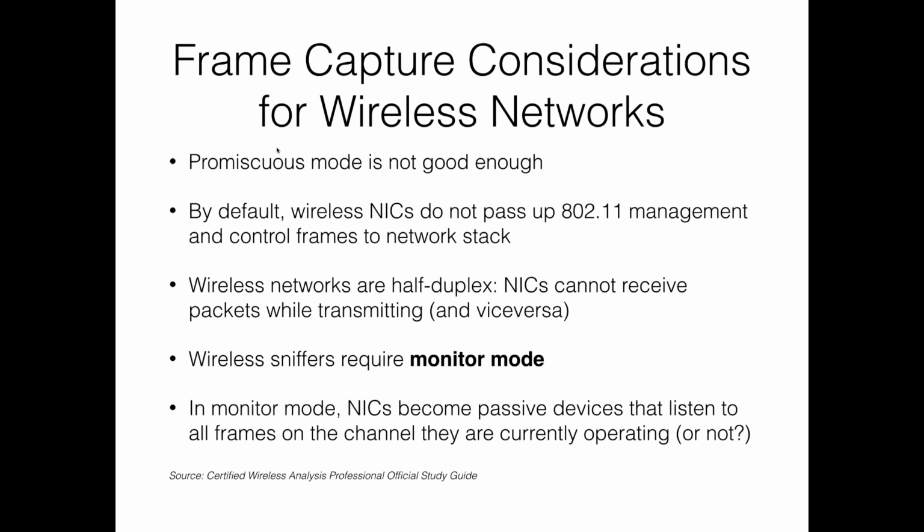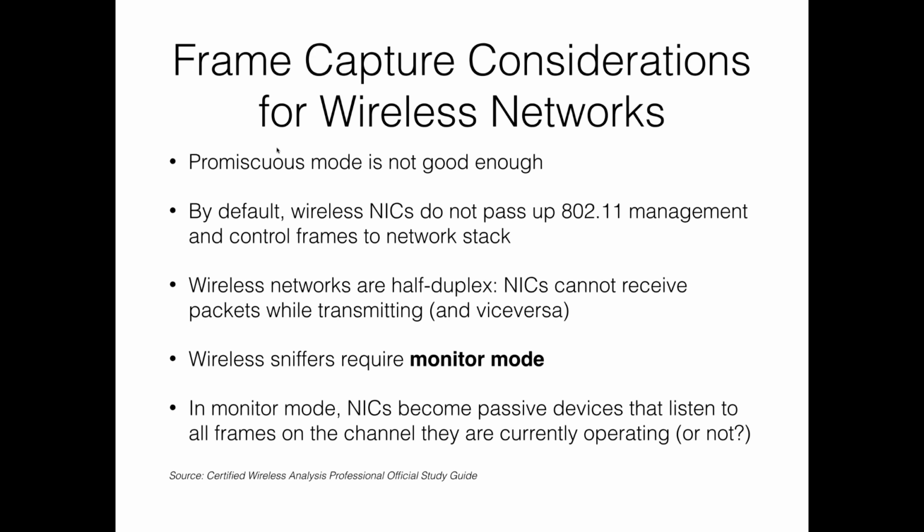So in wireless networks, we have three types of frames. We have management frames, control frames, and data frames. Management and control frames are used for the control end of the network, for example, to join, associate to the network, disassociate, all that stuff. Data frames are, of course, the application data packets.